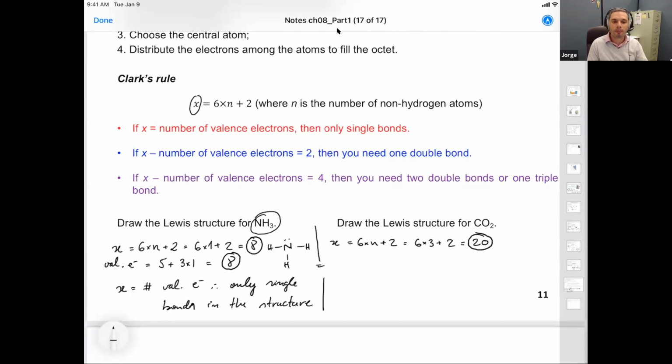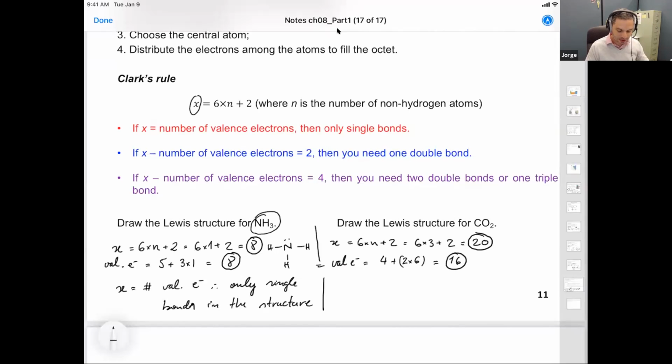And we are going to compare this number with the number of valence electrons. We have 4 for the carbon, plus 2 times 6 for the oxygens, and that's going to yield 16.